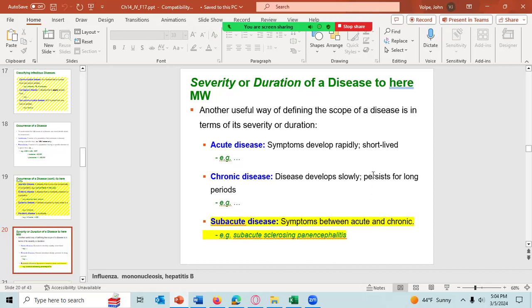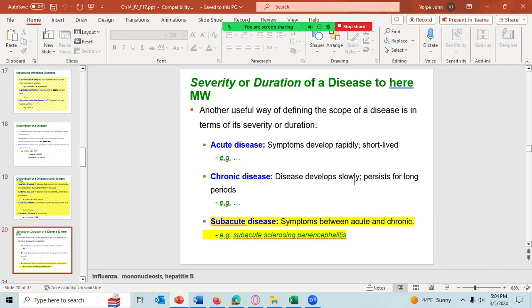The best classic case of an acute disease is the human cold, where you get the virus, shortly thereafter, like 3 to 4 days, you get symptoms which develop rapidly. The disease is short-lived, and then it goes away. So that's an acute disease.